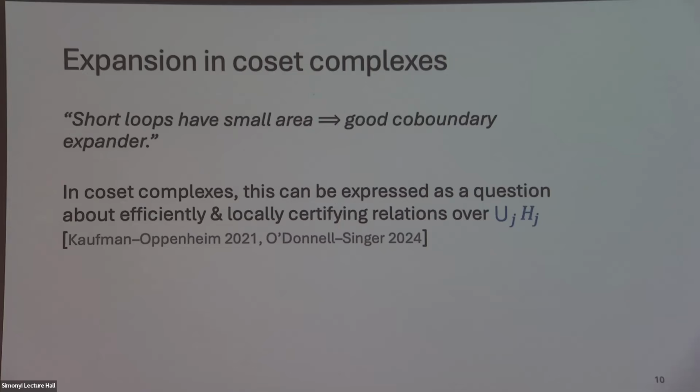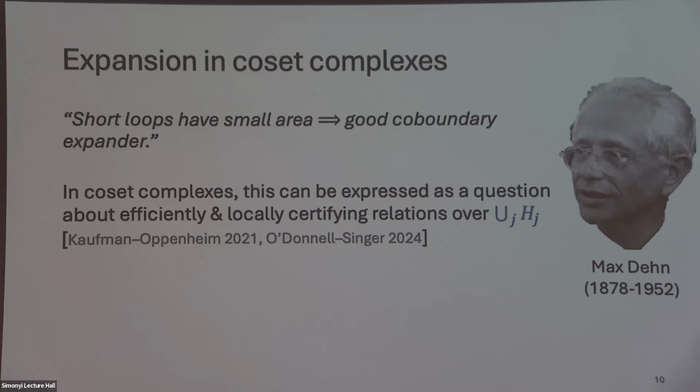I'm going to say what that is in the subsequent slides, but I want to prime you that this is the thing that connects all the group theory I'm going to talk about to the expansion considerations I was talking about at the beginning. This connection is through an object called the Dehn function: if you can bound the Dehn function for the groups and subgroups you started with, you get a corresponding expansion bound for the coset complex defined by these groups and subgroups.